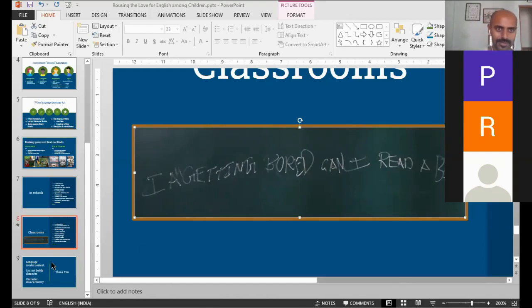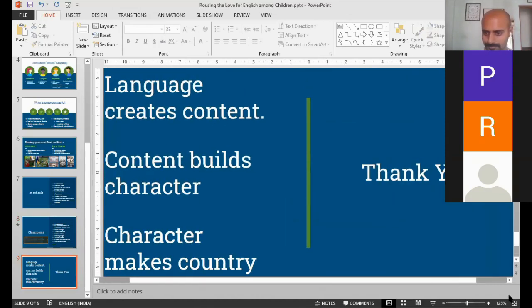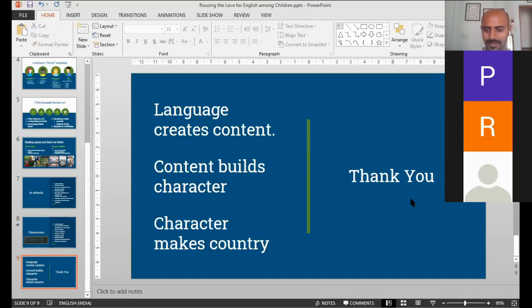So the ultimate effect of this is this. If this is the intention that you keep in mind while doing these things, then it is bound to create a difference. And language will be looked at very differently by the children.